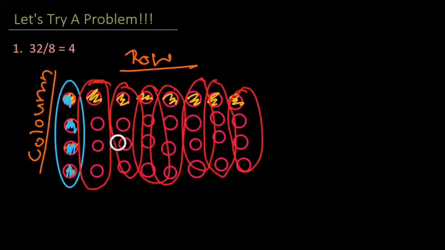No matter how many times you count this, you get 1, 2, 3, 4 in each group. So the answer would be 4 no matter what. But if you're still doubtful and want to double check it, what you can do is get rid of the equal sign. So here, I'll write it out: we have 32 divided by 8 equals 4.